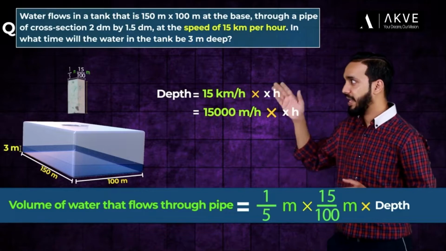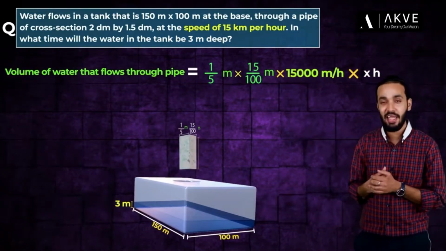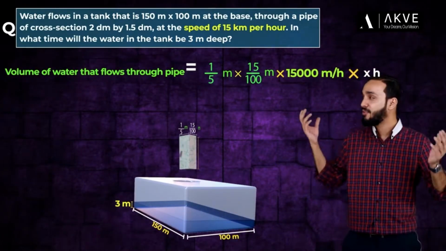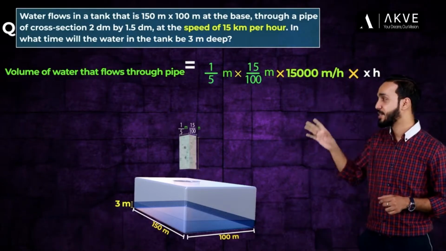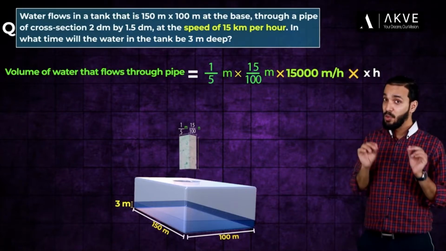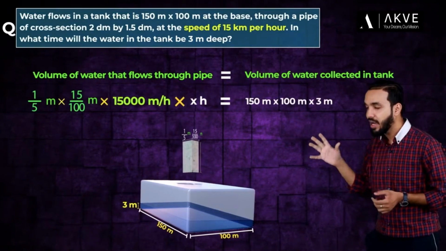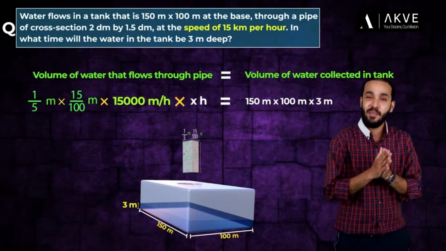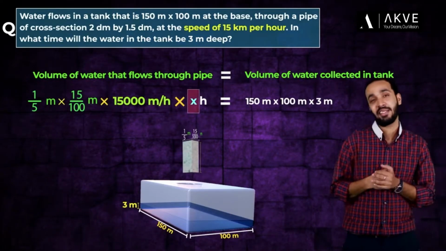Now, multiplying this depth with the base area will give us the volume of water that flows through the pipe. And on equating this volume with the volume of water collected in the tank, we would be able to find the value of x.